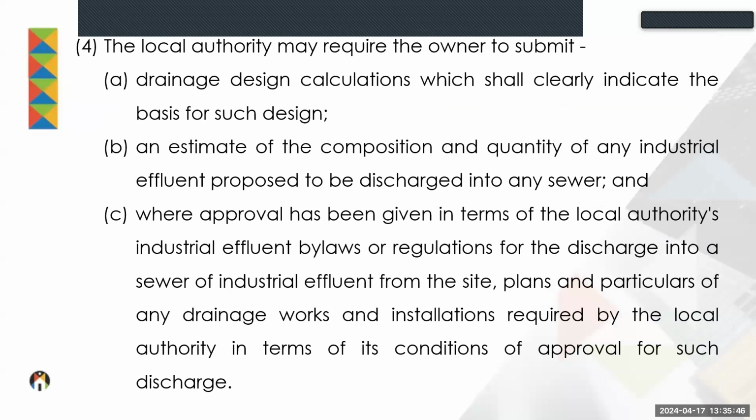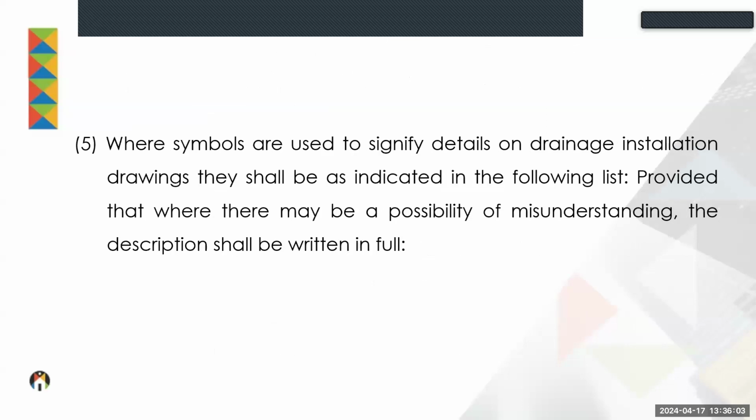The local authority may require additional information: drainage calculations, the estimate of the consumption and quantity of industrial effluent, and where approval has been granted for industrial effluent, all the requirements in terms of the bylaws need to be shown on the building plans.